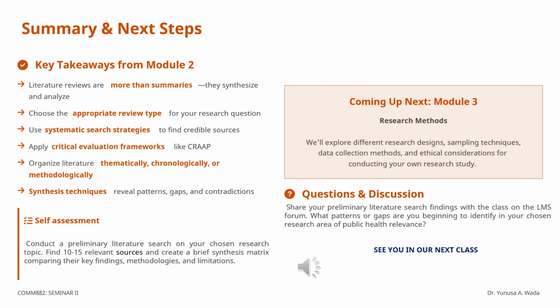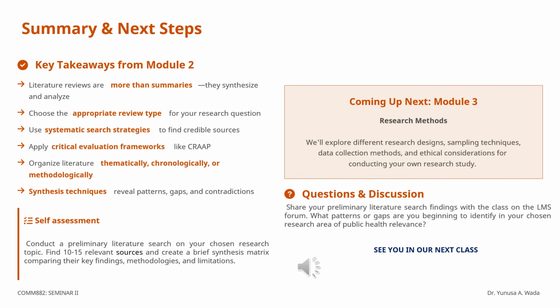So, to summarize Module 2, we have successfully covered the essential components of conducting a literature review, from understanding its purpose and types to developing effective search strategies and critical evaluation skills. We have also explored how to organize literature and, most importantly, how to synthesize findings to create a new understanding.